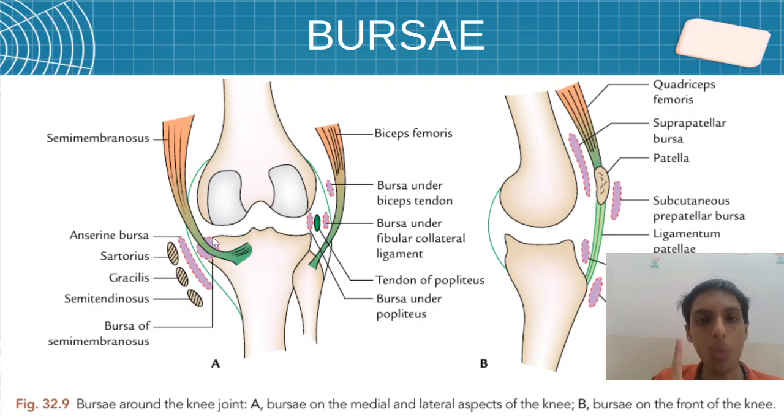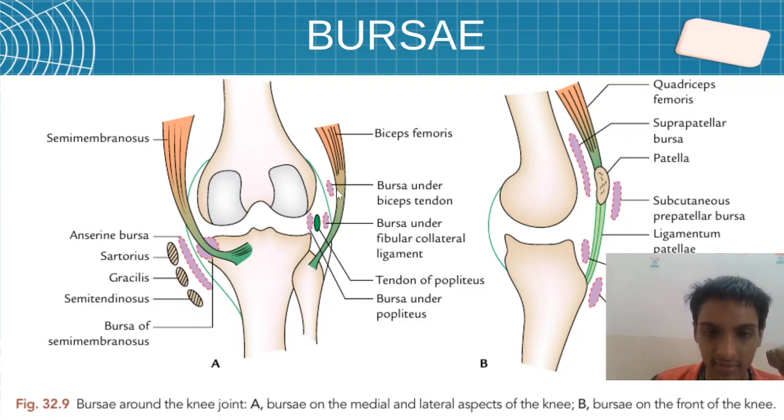When you are asked what is pes anserinus, I want you to answer: pes anserinus is sartorius, gracilis and semitendinosus together, called pes anserinus or goose foot. You can call it either way, pes anserinus or goose foot.